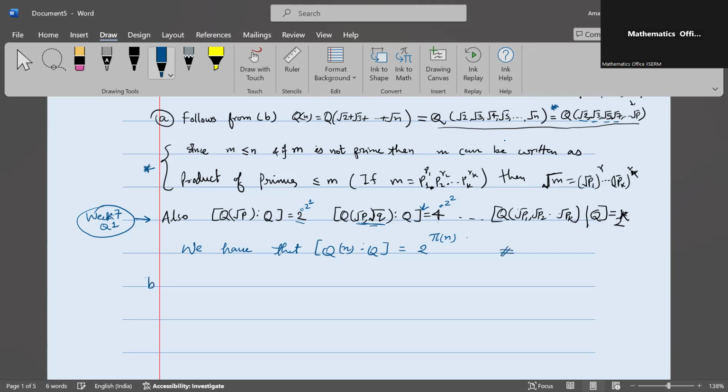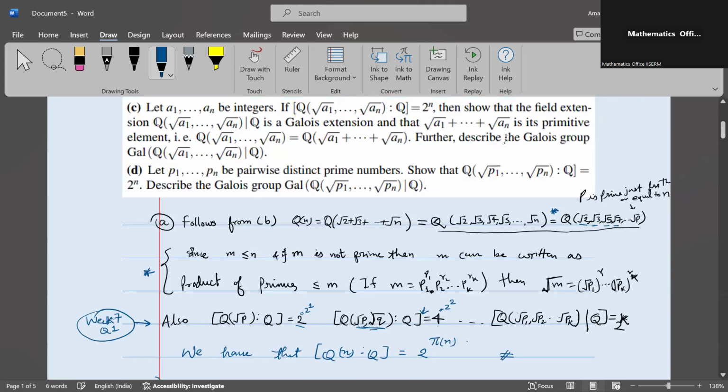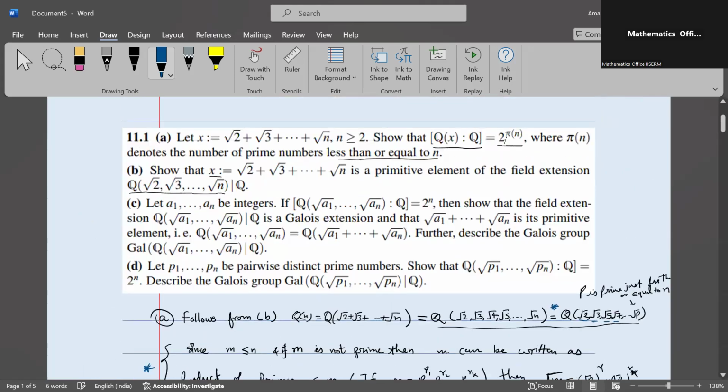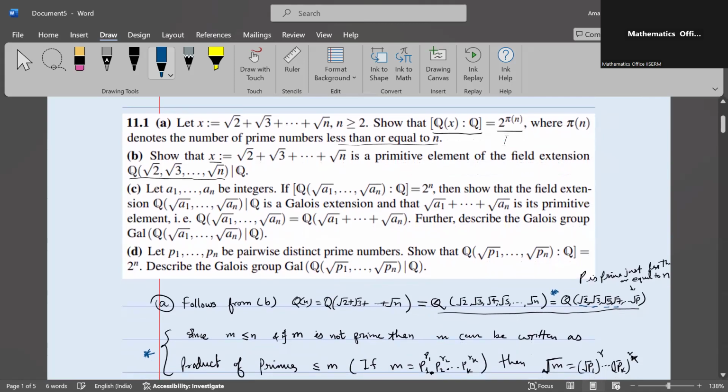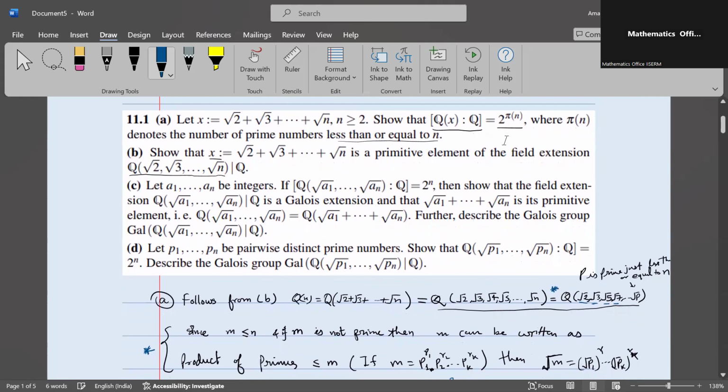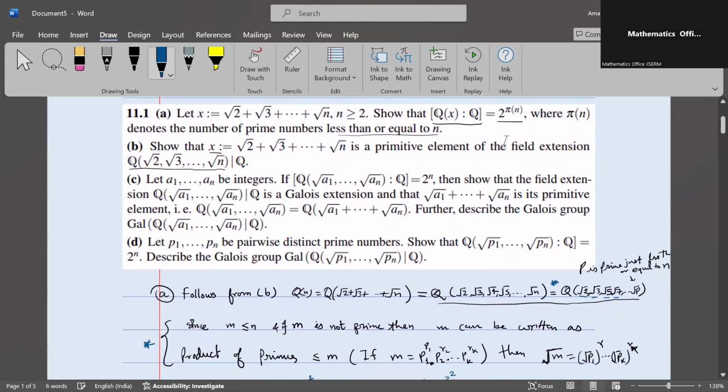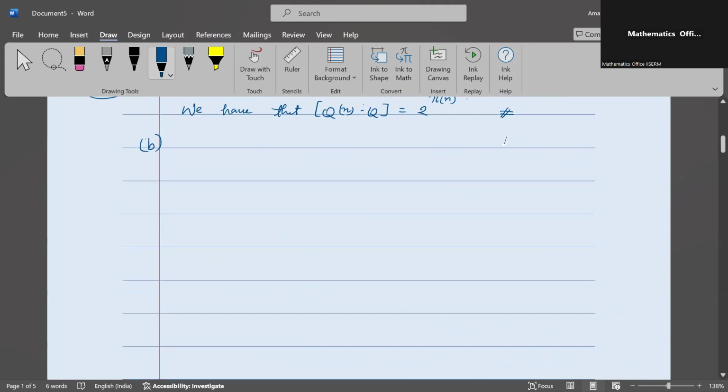Let's see part b. What part b says is that x is a primitive element of the field extension.